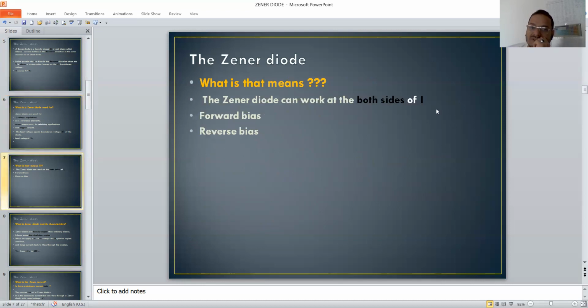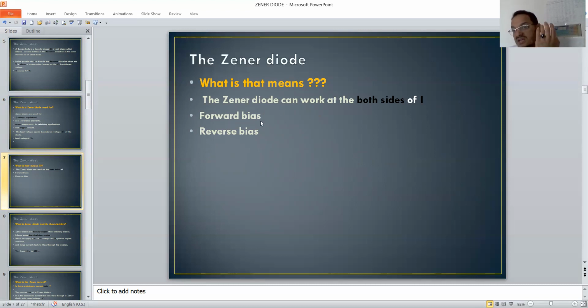That means the Zener diode can work at both reverse bias and forward bias, and in both of them we can take benefits from it.